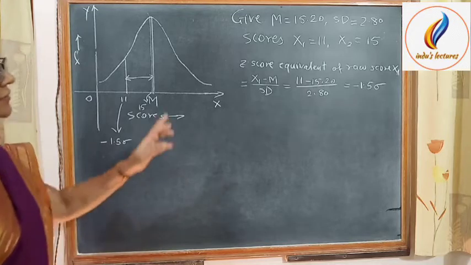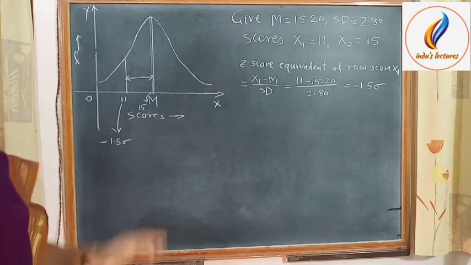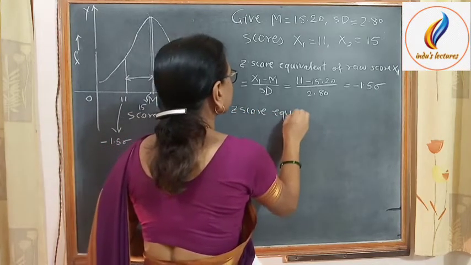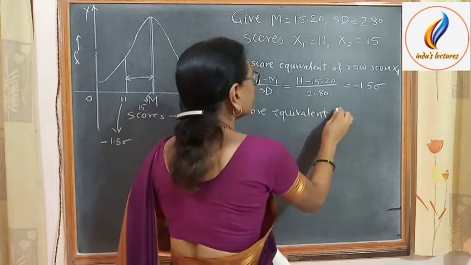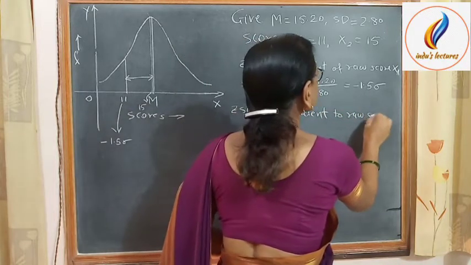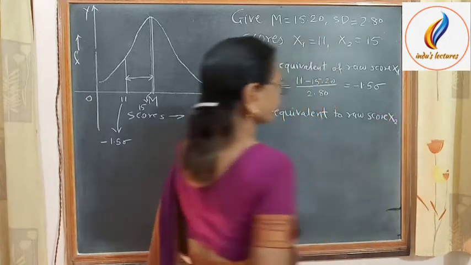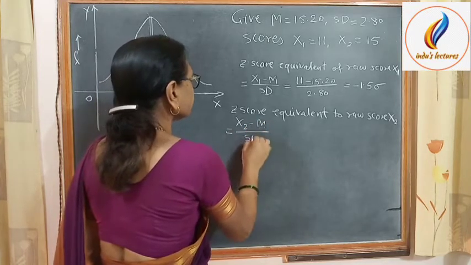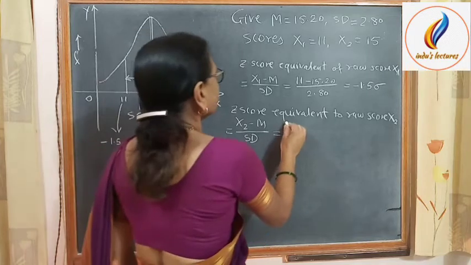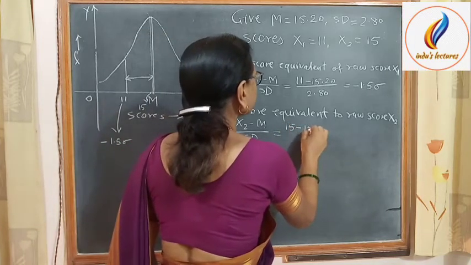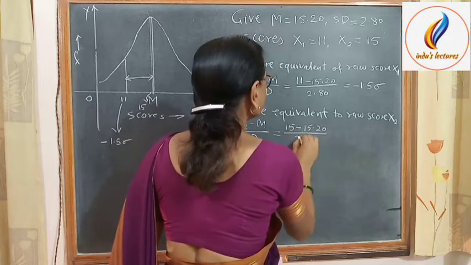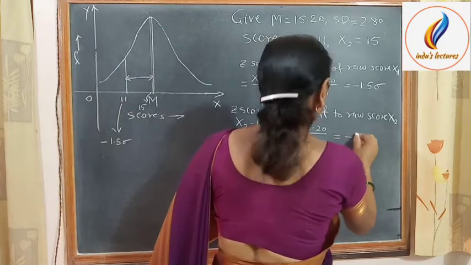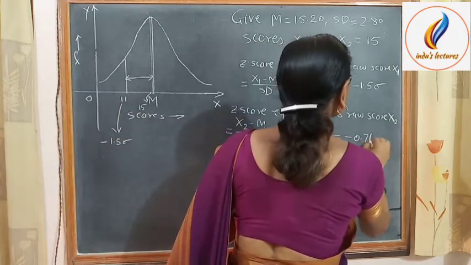Now we find the z score equivalent to the second score x2. The z score equivalent to raw score x2 is equal to (x2 minus M) upon the standard deviation SD, and x2 is 15, so 15 minus 15.20 upon 2.80, and its value is minus 0.71 sigma.